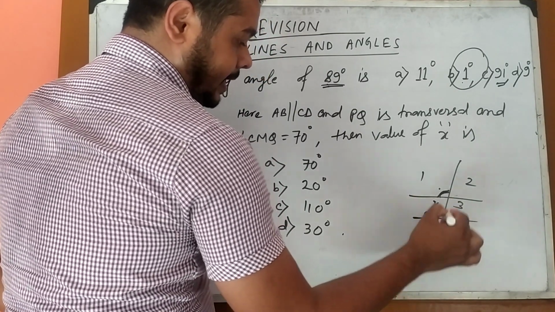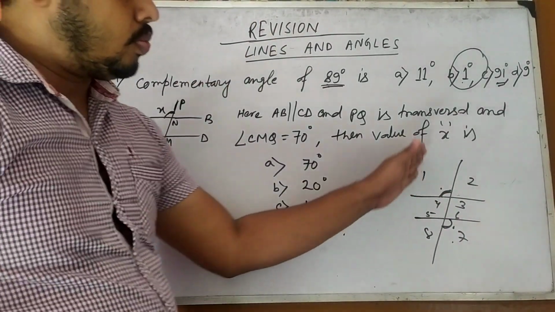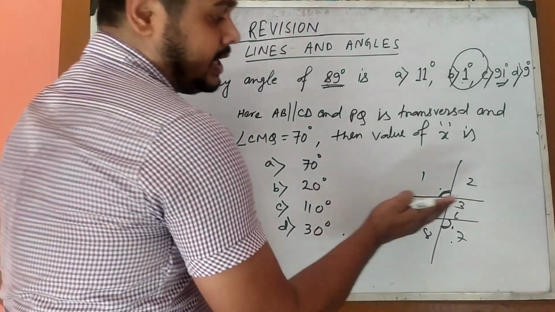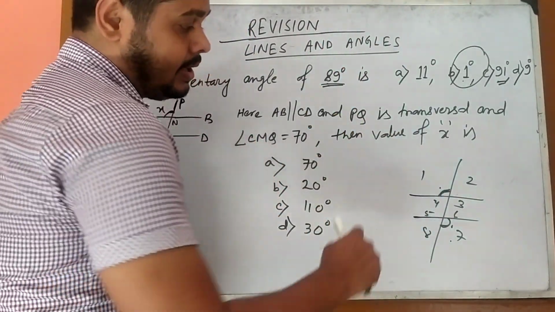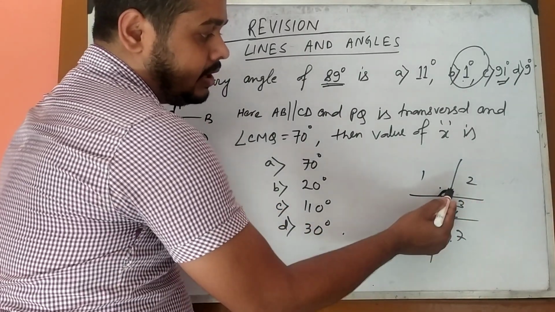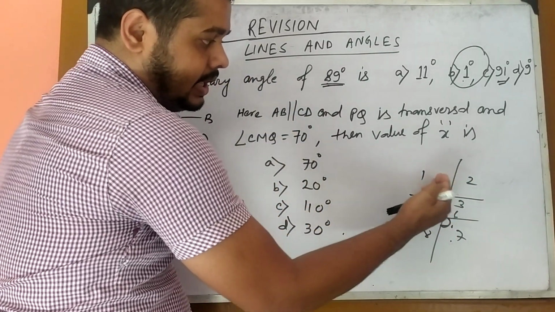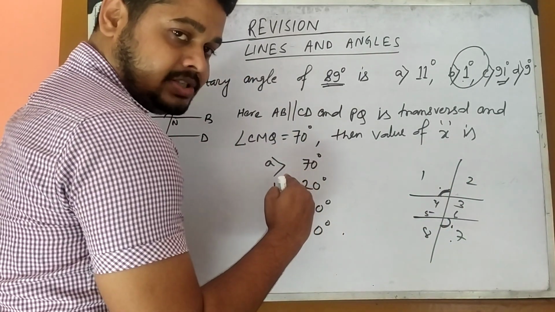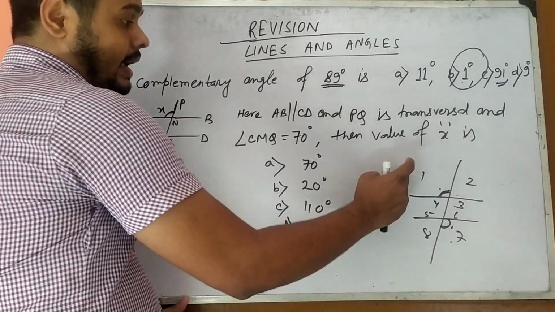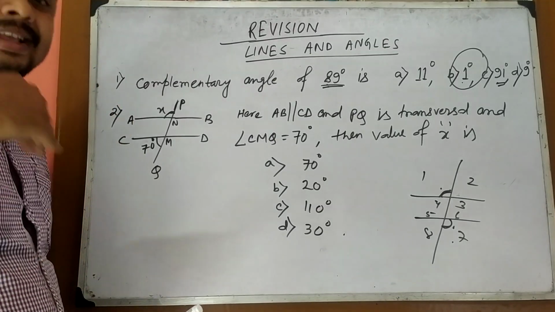Angle 1 and 7 are alternate exterior angles, because they are exterior, outside of the parallel lines, and they are lying on opposite sides of the transversal. Angle 1 is lying on the left hand side and 7 is on the right hand side. So angle 1 and angle 7 are alternate exterior angles.